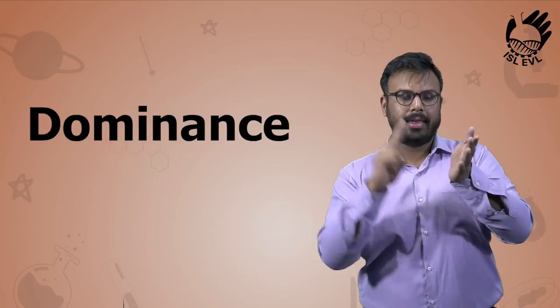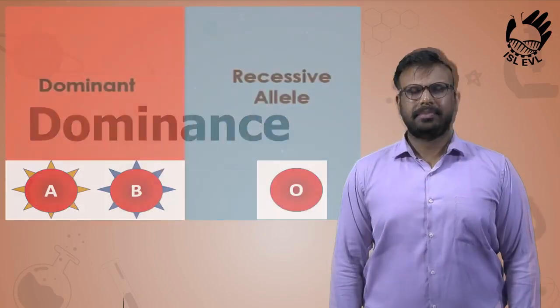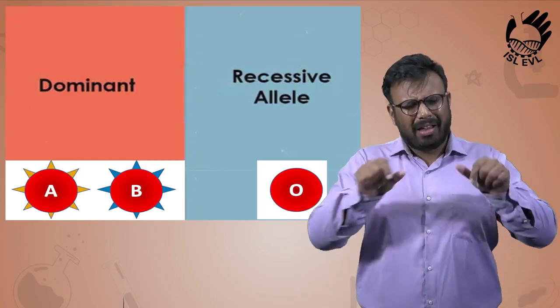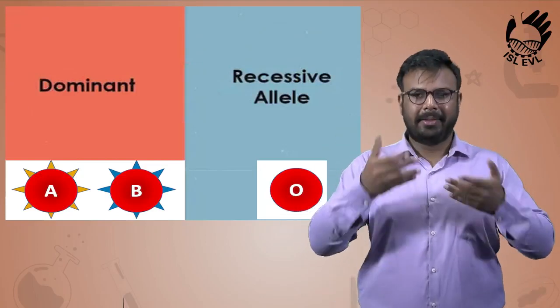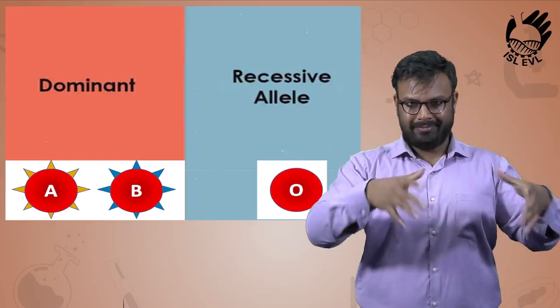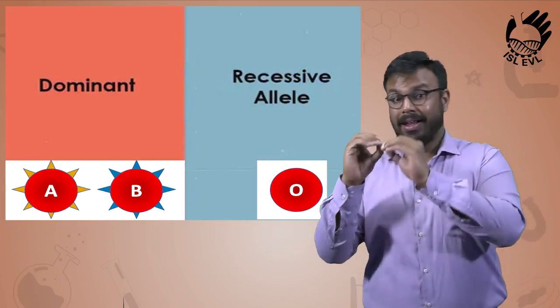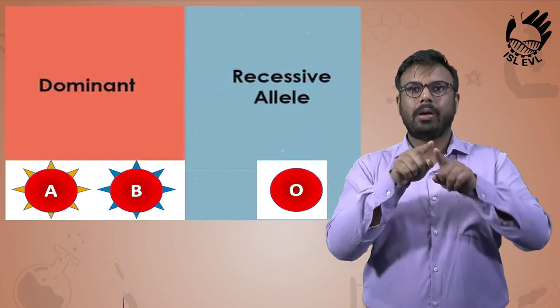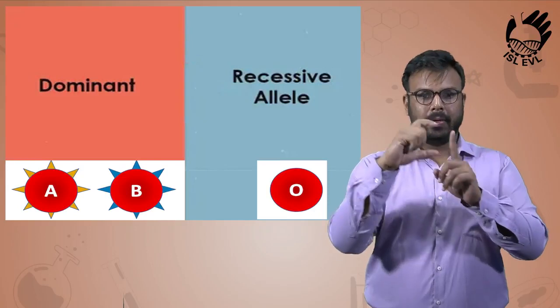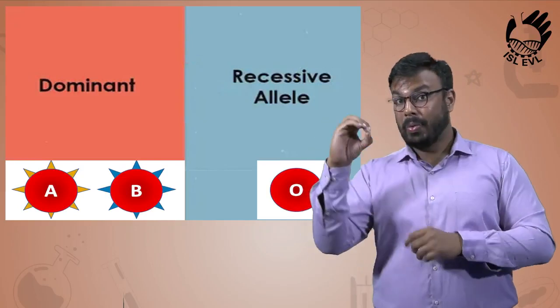We have to understand the concept of dominant and recessive alleles because that will help us understand why everyone has different kind of blood groups. We must have seen that mostly A blood type and B blood type are the dominant blood groups out there.